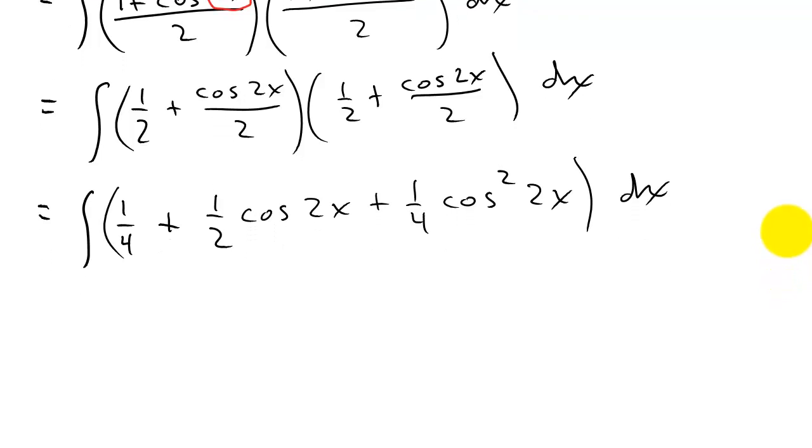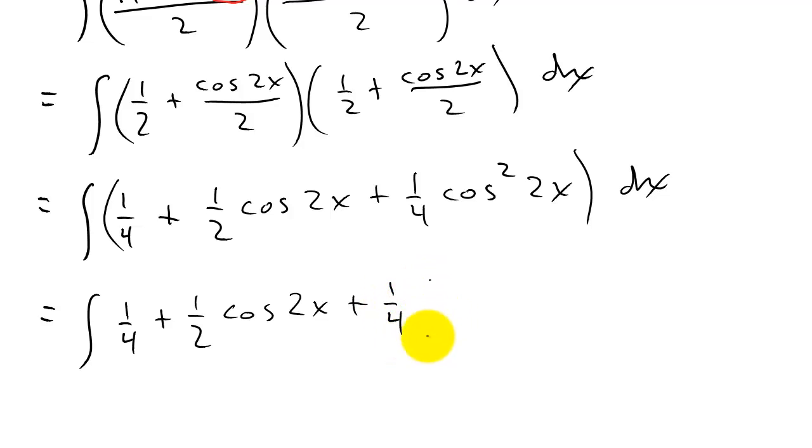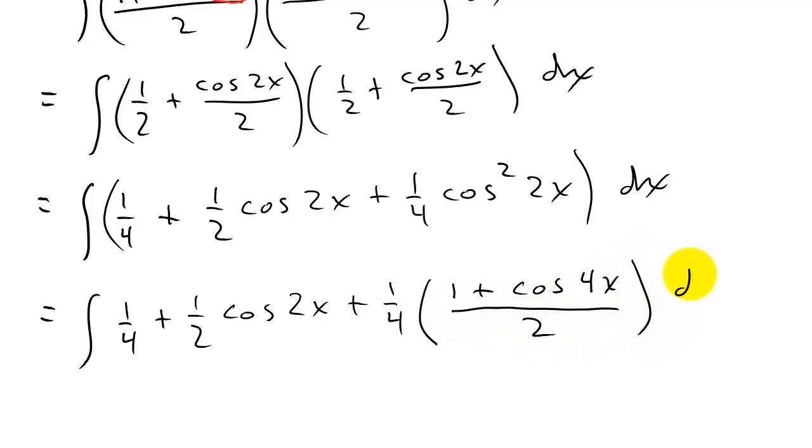So here I'm going to have 1/4 plus 1/2 cosine 2x plus 1/4 times 1 plus, now instead of cosine 2x, it's going to be cosine of 2 times 2x. So that's where that 4x comes from, and that's over 2. And then this is all with respect to x.